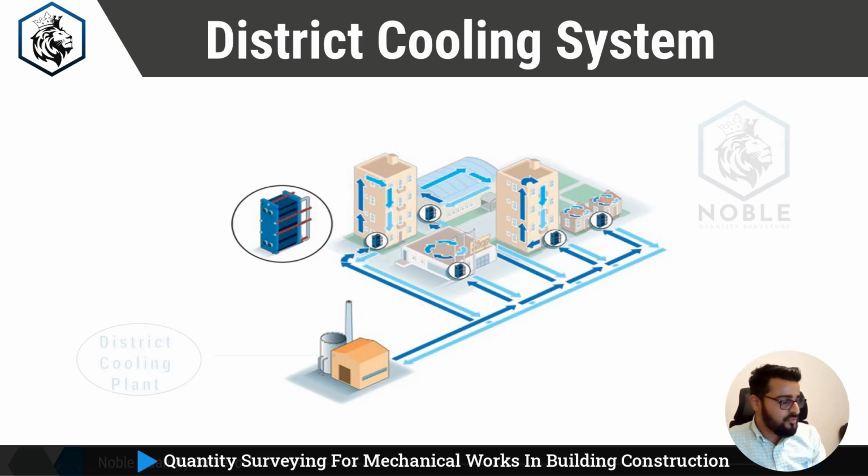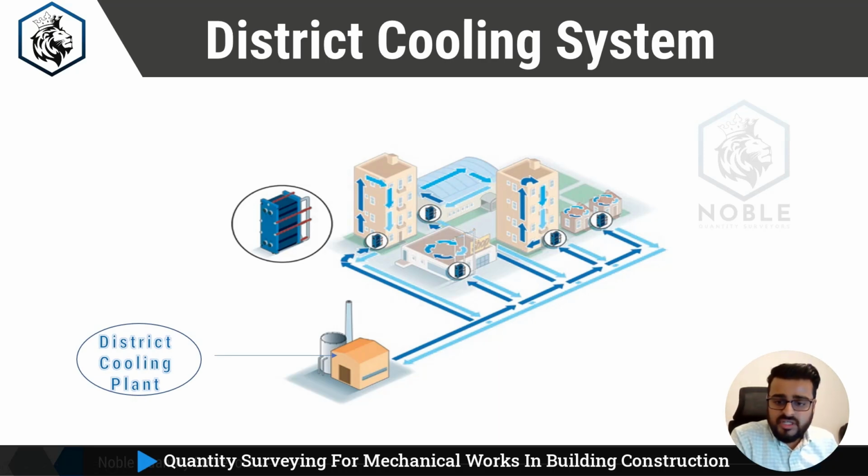So what you see here is there is one district cooling plant which will generate the chilled water. The purpose of this district cooling plant is only to generate the chilled water. From the name itself, it is clear: district cooling system. That means it will cool one complete district, which will not have one building, but more than one building.